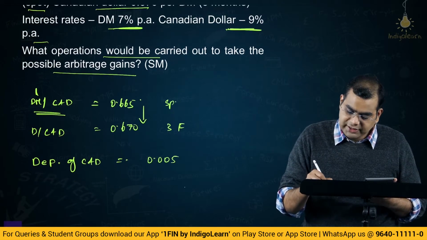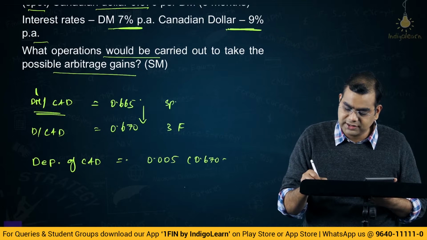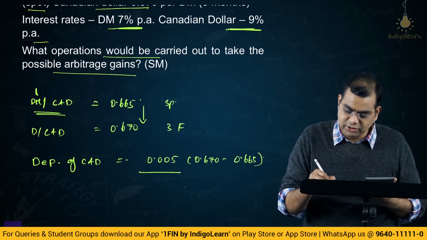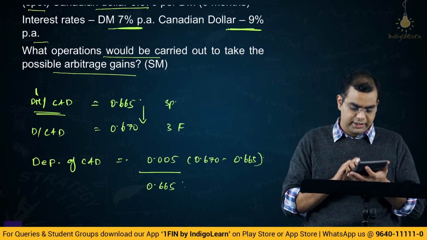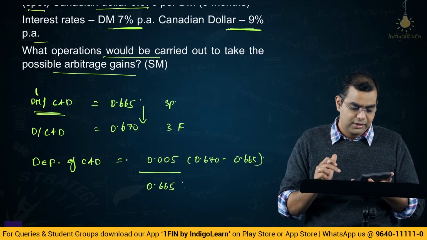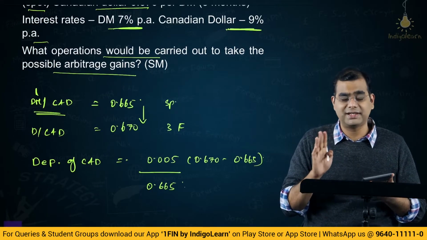So depreciation of CAD is equal to 0.005. How did I get it? 0.670 minus 0.665. So depreciation of CAD is 0.005 divided by 0.665. 0.005 by 0.665, you are getting 0.0075. So this is a depreciation over 3 months.